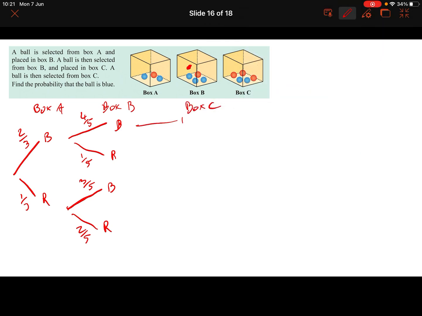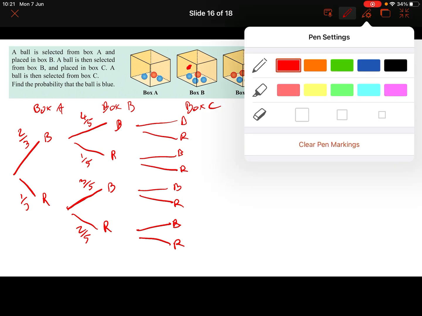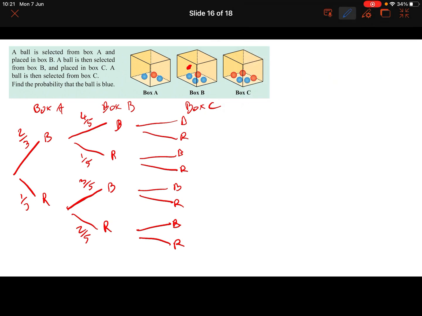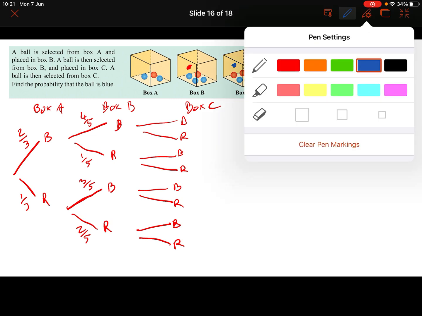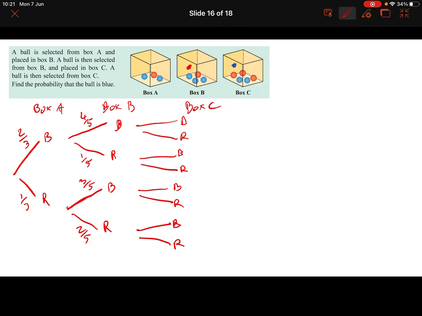Again, I can take blue or red from each branch. What's happened here is I've now put a blue one into box C, where it's going to become 3 out of 6 blue, and red is 3 out of 6.